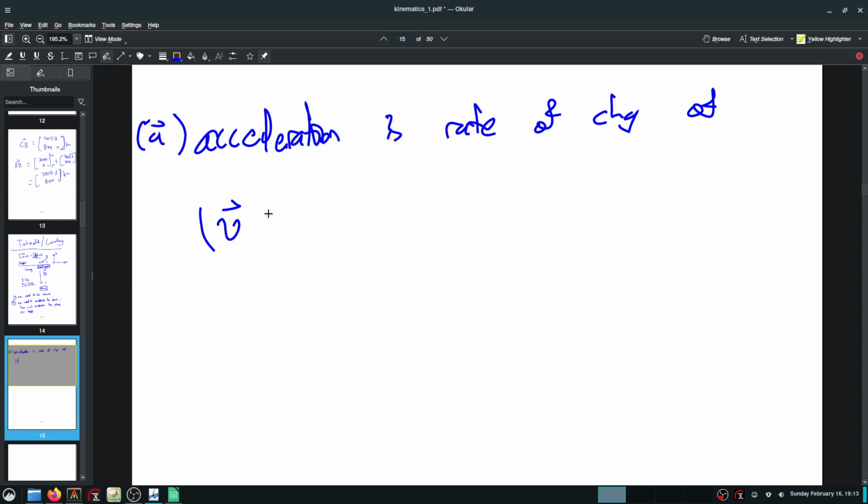It is the change of velocity with respect to time. So this is what acceleration is.